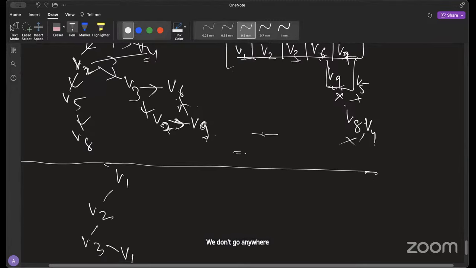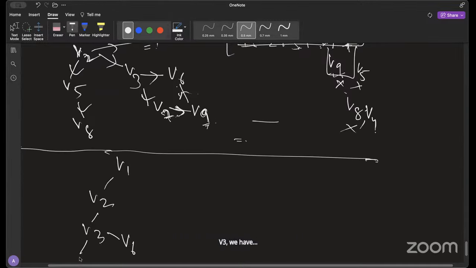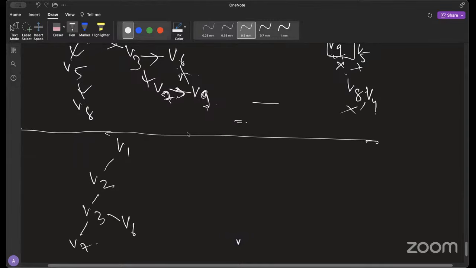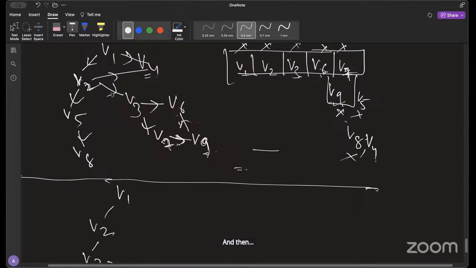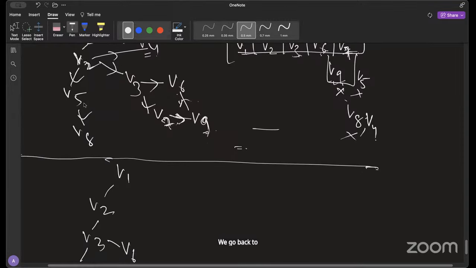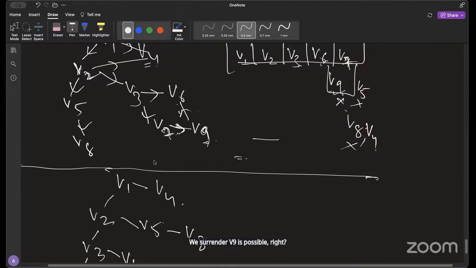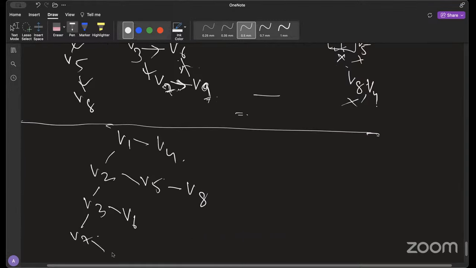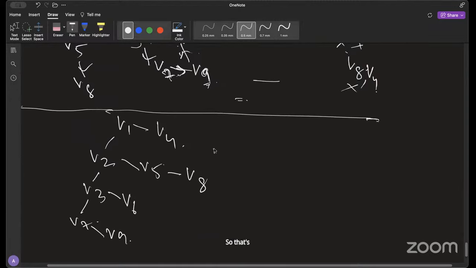And then from V3 we have V7. And then we go back to V2, and we have a V5 here and a V8 here. V7 to V9 is possible, right? Yeah, that's also here. So that's your DFS tree.